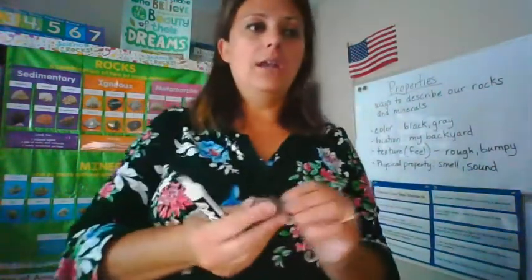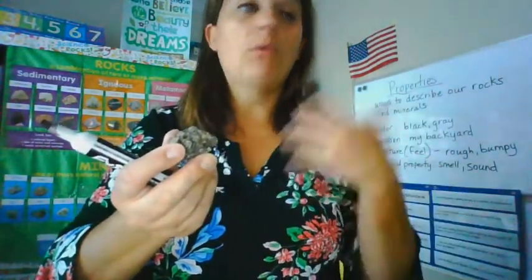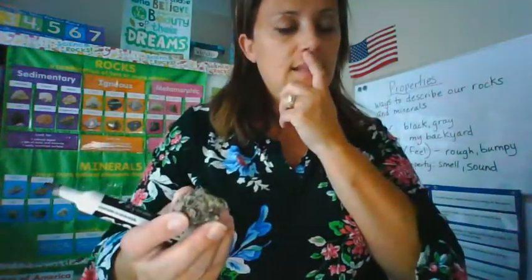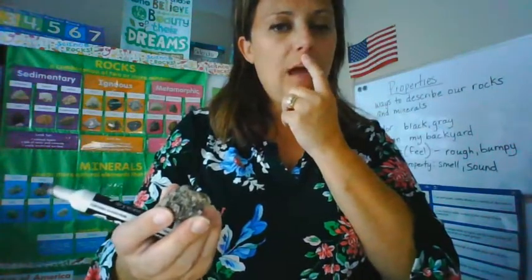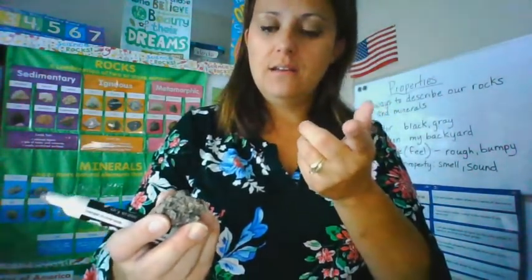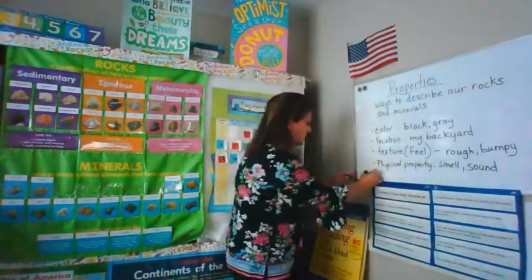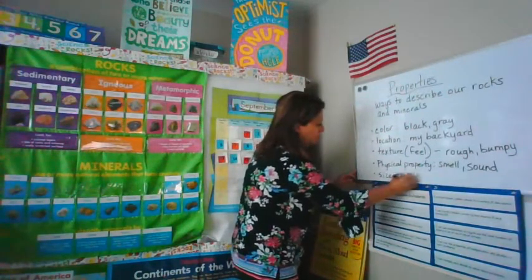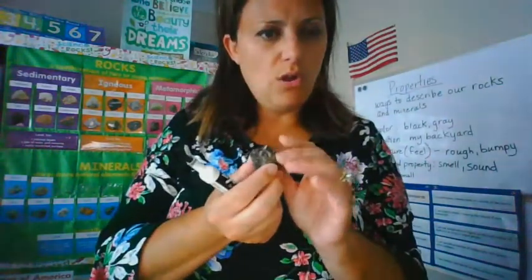What would be another way that we could describe this rock when we're making observations of it? How about the size of it? It's pretty small, right? It's not a very big sample. So I'm going to put size down here. I'm going to say small.